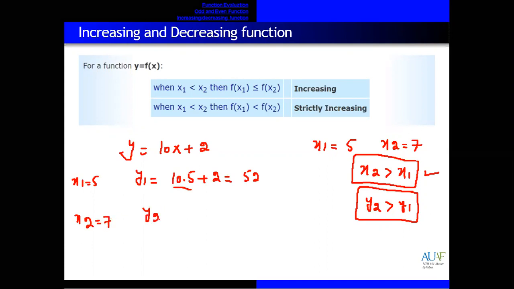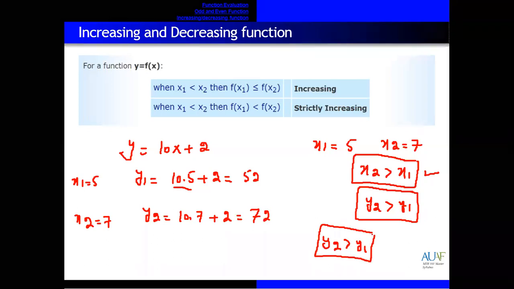So y2 equal to what? 10 × 7 + 2. 10 multiplied with 7 equal to 70, plus 2 equal to 72. You can see here y2 is greater than y1. So this is an example of an increasing function. Clear?